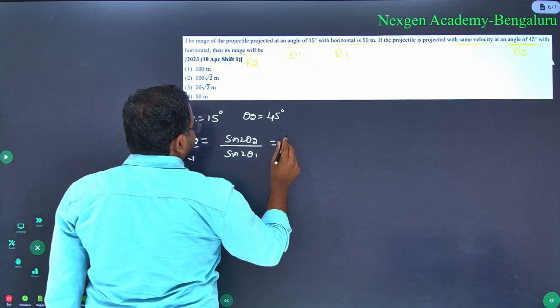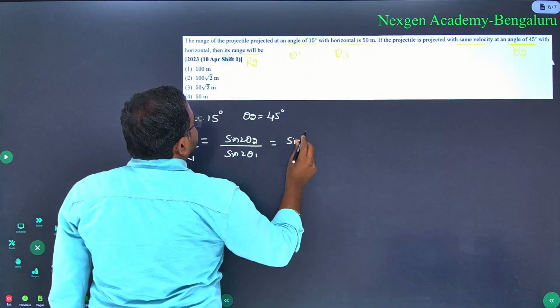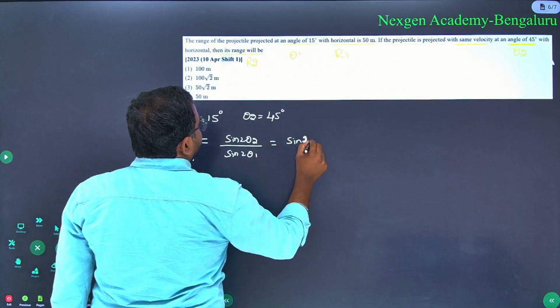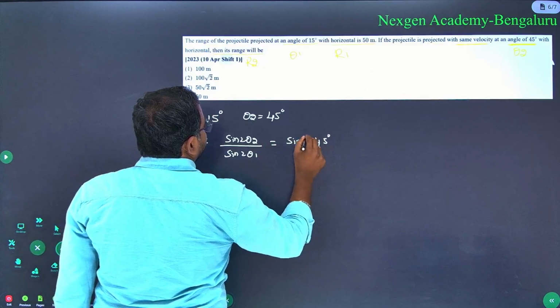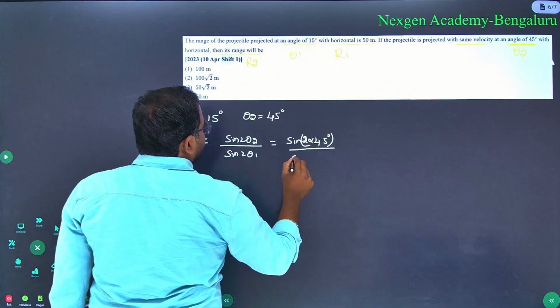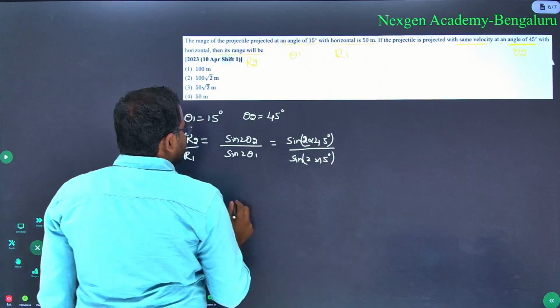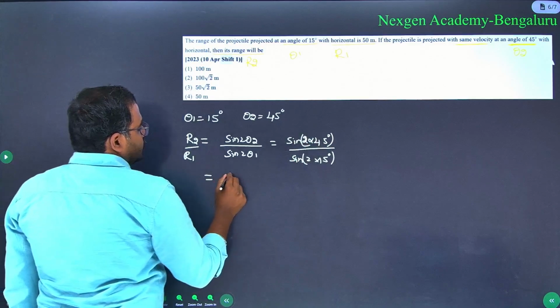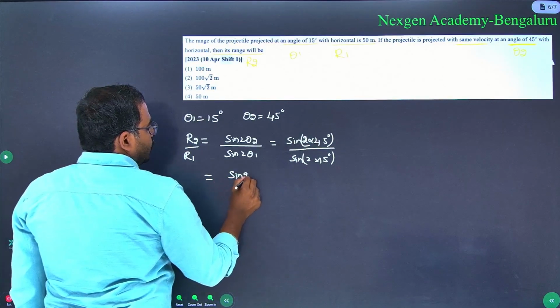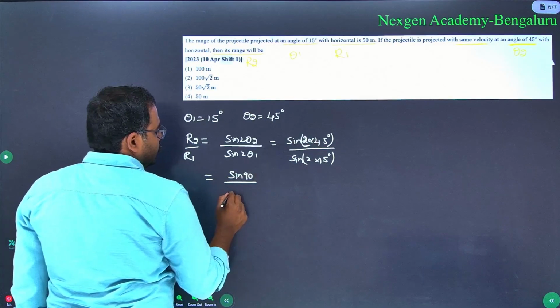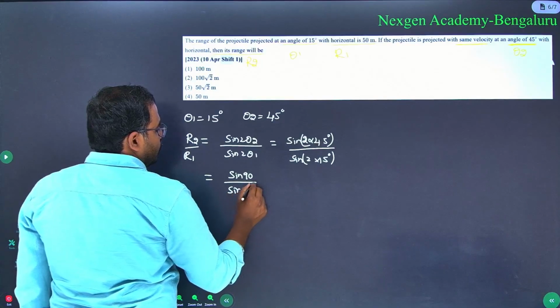This is equal to sin of 2 into 45 degrees by sin of 2 into 15 degrees. This is equal to sin 90, which is 1, and sin 30, which is 1 by 2.